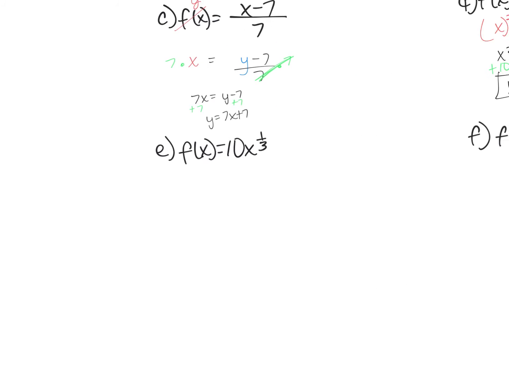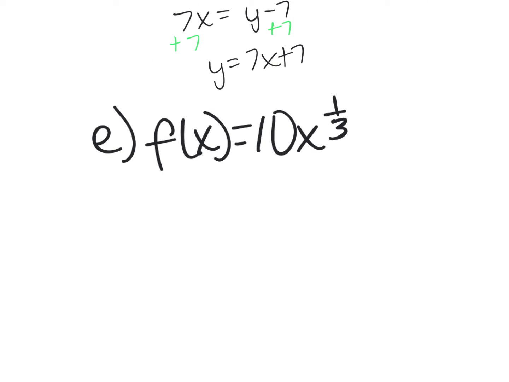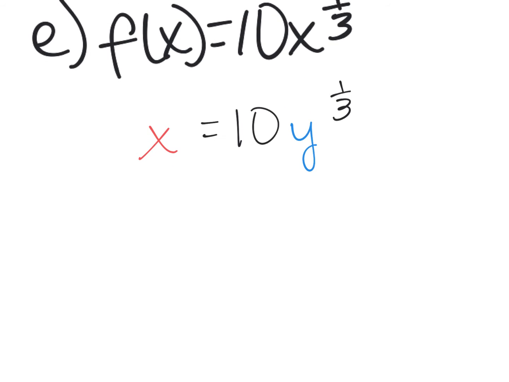2 more. This one's a little weird, but it's okay. So we have x, y switched. Okay, this one. What do you think we do first on this one? If you notice, there are no parentheses on the right side.